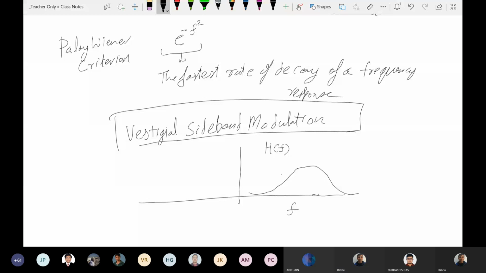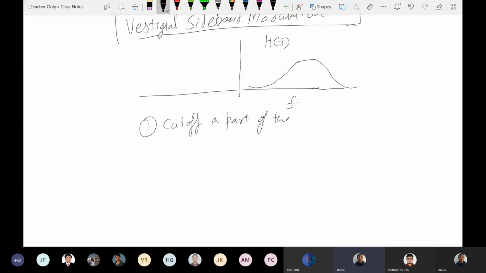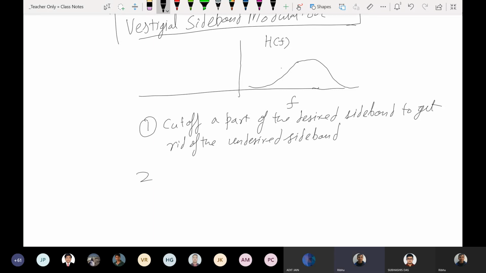So the choice that we have is cut off part of the desired sideband. That is one.